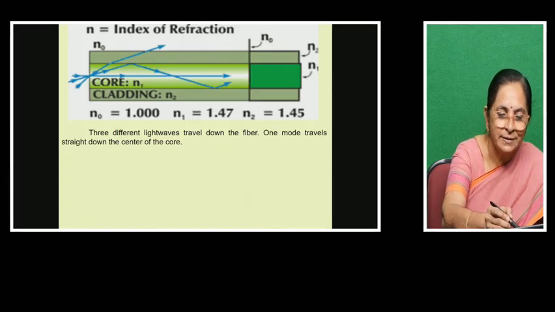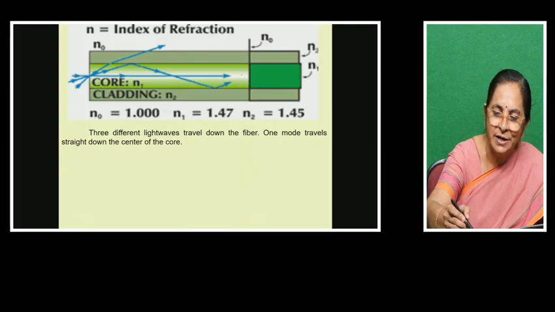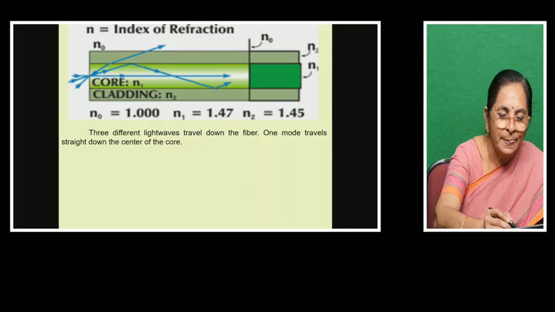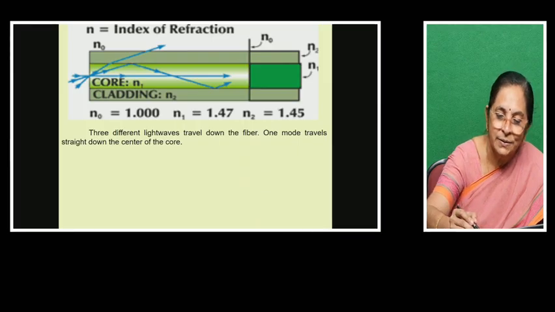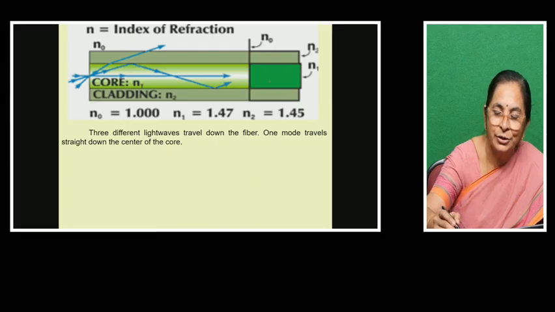One ray is just taking a straight path from one end to the other end, and the other ray is incident at an angle. This ray strikes the boundary between the core and the cladding at the critical angle, so that it undergoes multiple total internal reflections and reaches the other side.